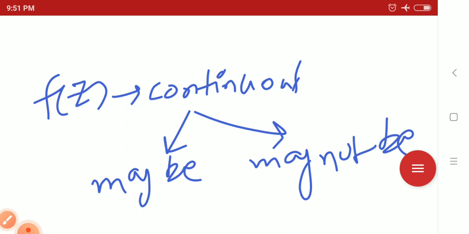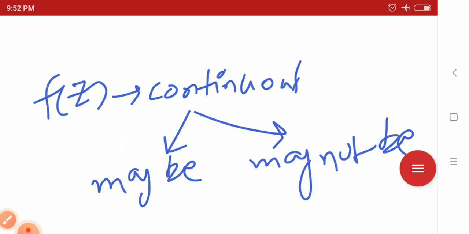If the limit exists, then it is path independent. Path independent means the limit exists. A function which is continuous may or may not be differentiable. But if a function is not continuous, then it will surely not be differentiable.